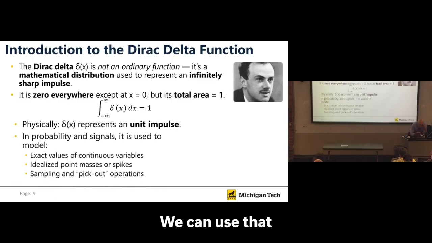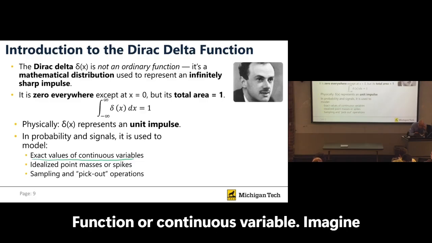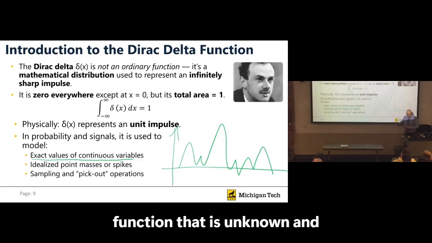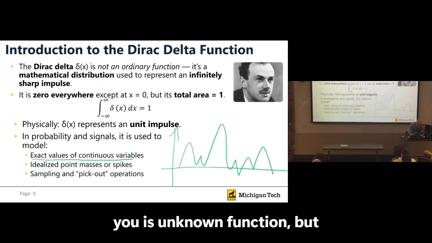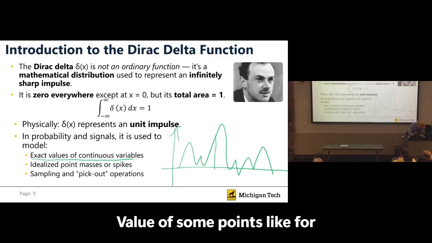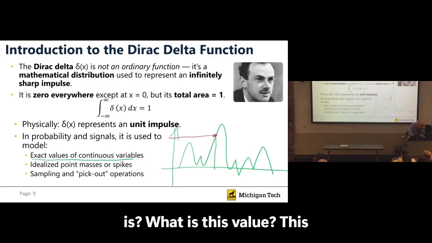We can use that to actually get exact values from a continuous function or continuous variable. Imagine you have a continuous function that is unknown, but you want to get the value at some point.